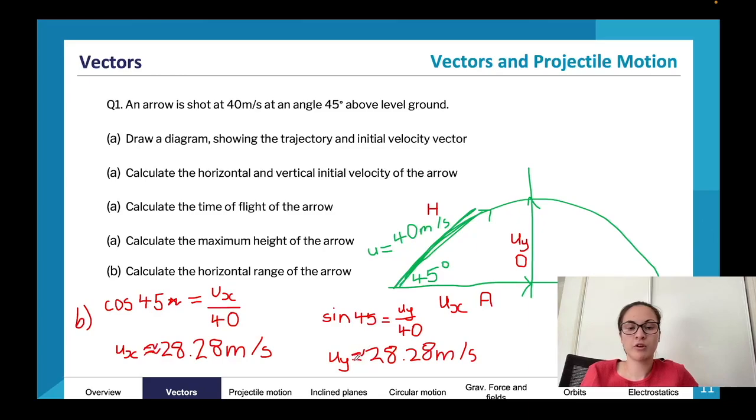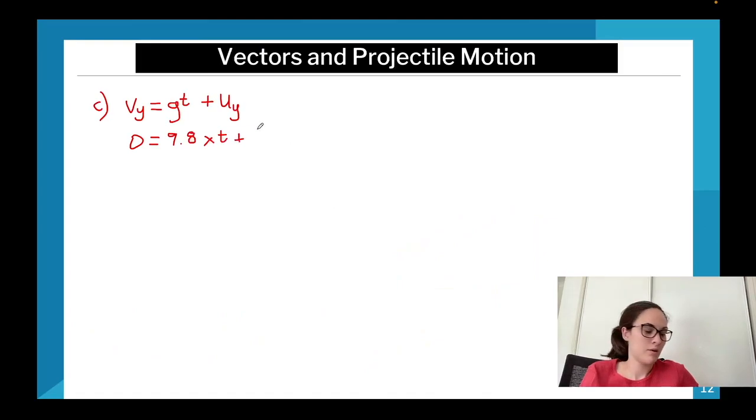So just make sure you have the curly equal signs. Plus Uy, which is 28.28. Okay, and then we're going to rearrange, so this is going to be negative 28.28.